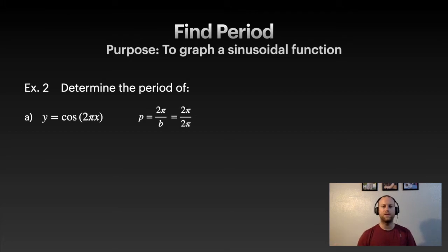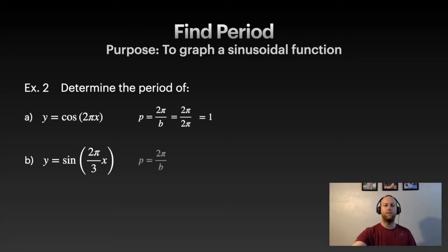The b value is 2 pi, so therefore the period is 1. You can do this again for the second equation here, y equals sine 2 pi over 3 times x. Again, we want the period. So 2 pi divided by 2 pi over 3, and we get that 3 is the period.